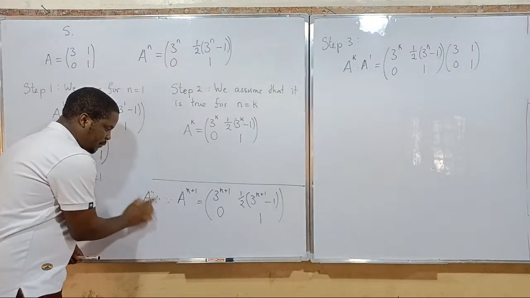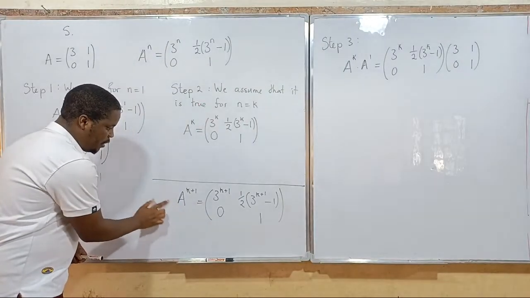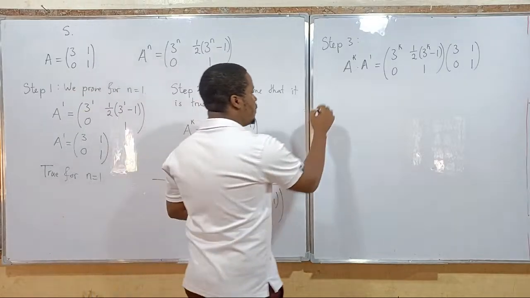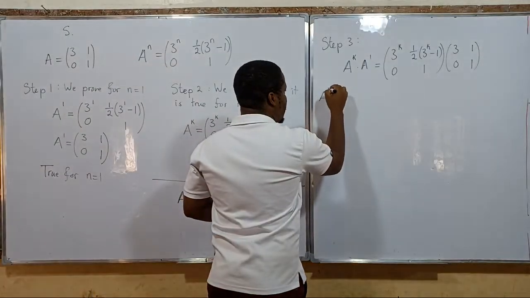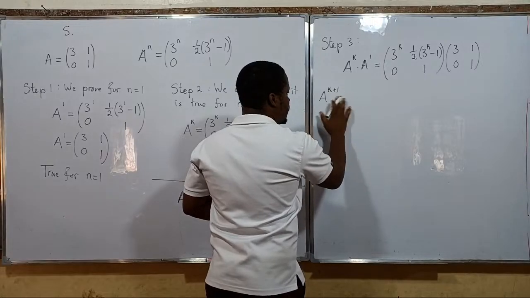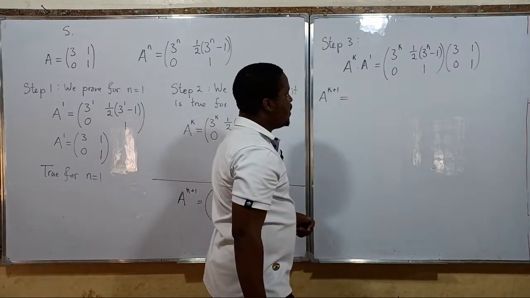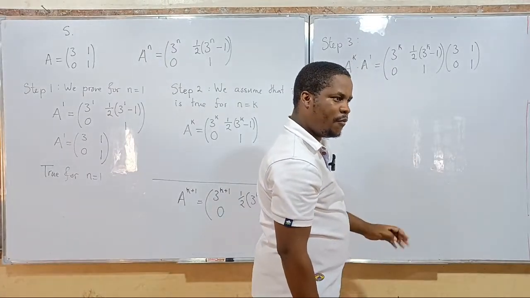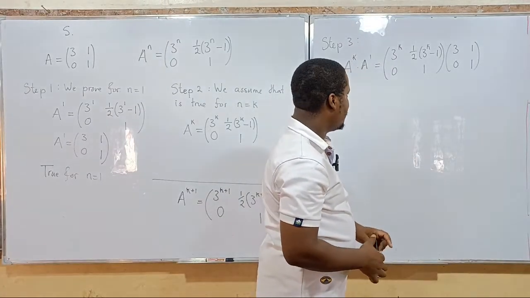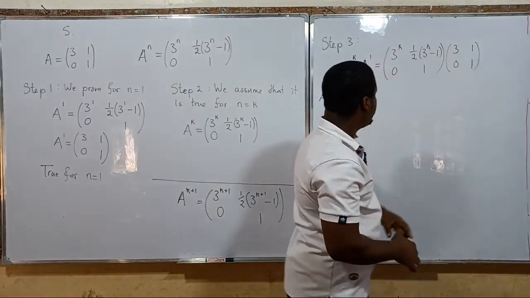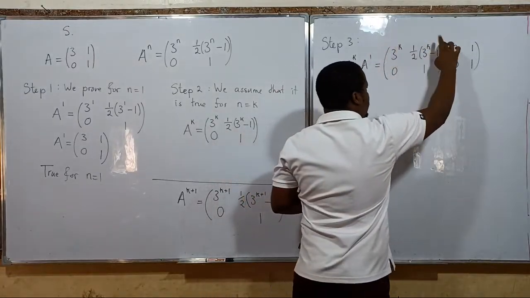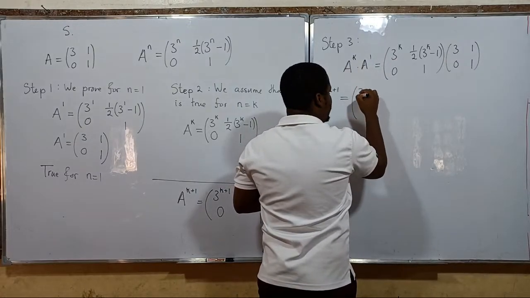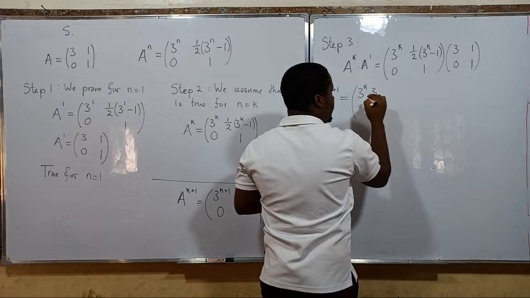Let me remove this. On the left-hand side, the bases are the same, so the powers will add. We get A to the k plus 1 is equal to... Now, these are matrices, so row by column. This row times this column: 3 to the k times 3, we'll have 3 to the k multiplied by 3.